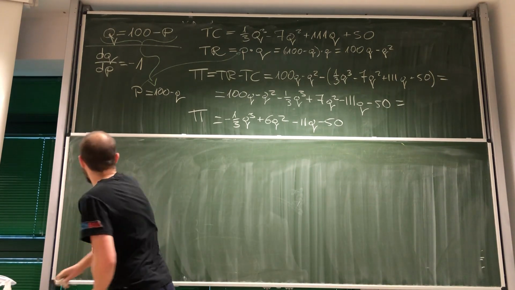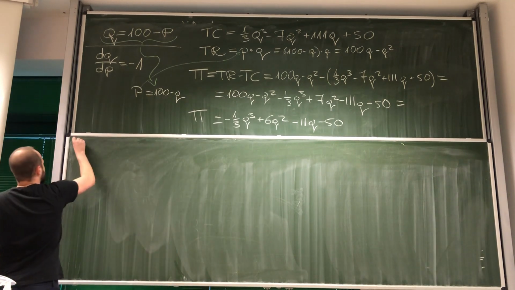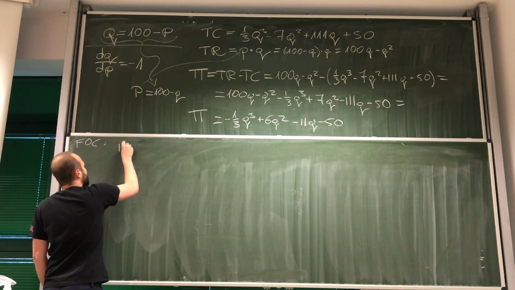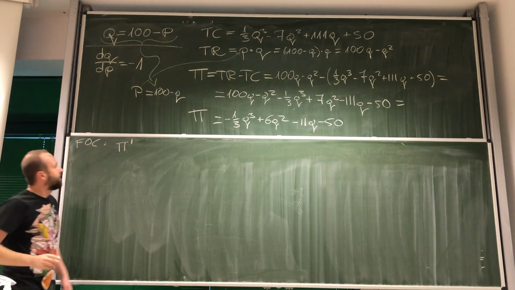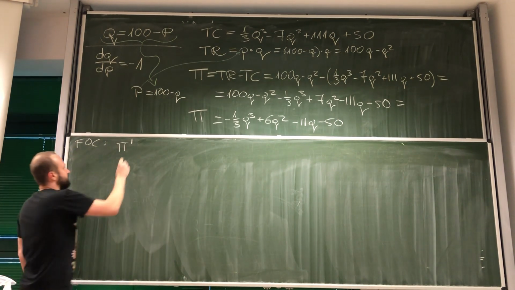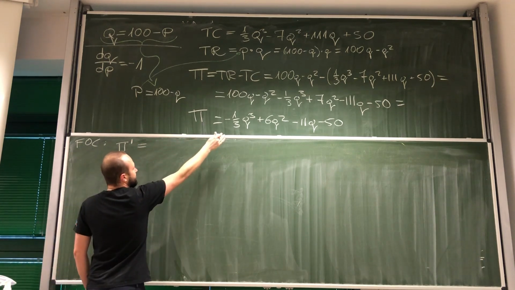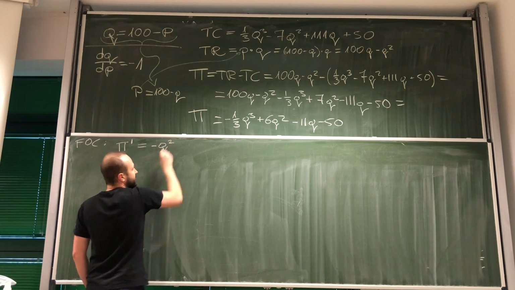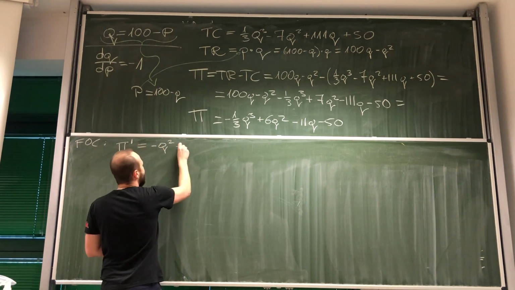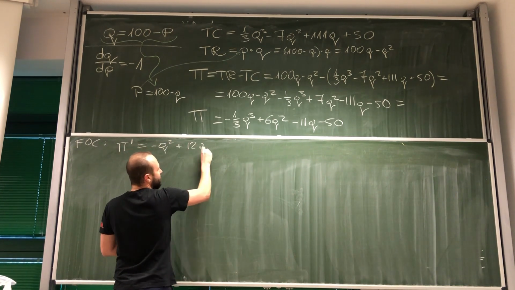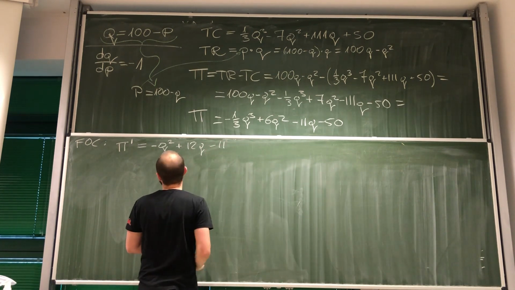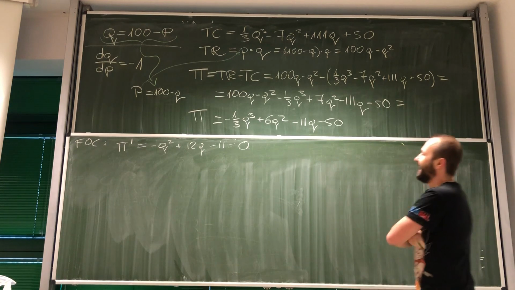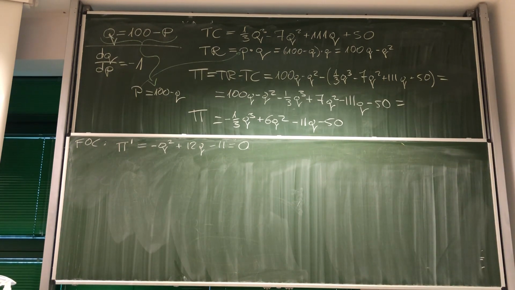So we start with the first order condition, and it tells us to calculate the first derivative of the profit. So this is 3 goes up front, so we get negative q squared, then plus 12q minus 11, and we should equalize it with 0.